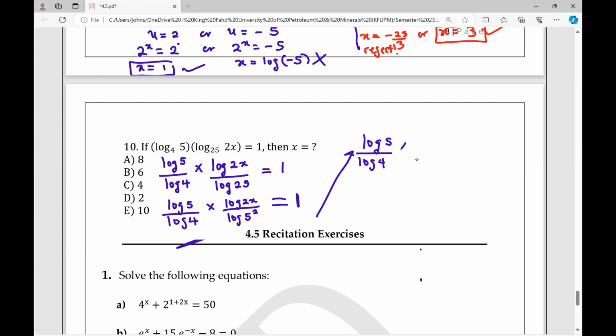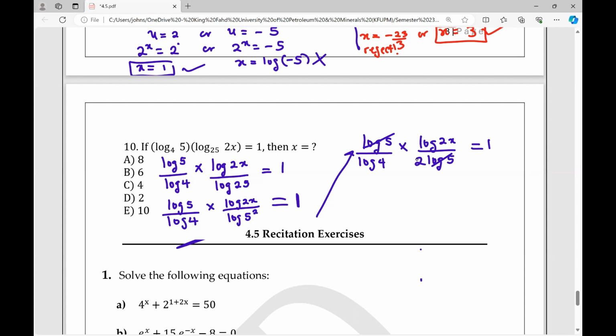So we write times log 2x, and the 2 can go down, so we have 2 log 5. Everything equals 1. So here I can cancel easily. Log 5 can go with log 5, so here we just have 1 over 2.